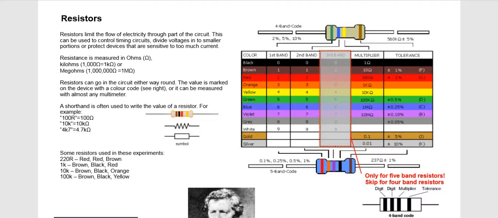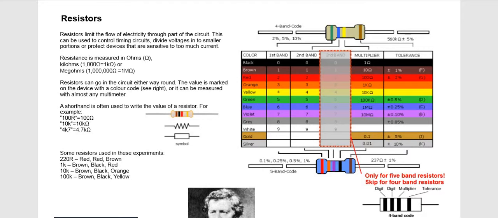And how do you read the resistance using these bands? For every resistor, be it a 5 band or a 4 band, the last color is always the tolerance, and the second to the last is the multiplier. So how do you know the last band on that resistor? It's always differentiated with a bigger gap.